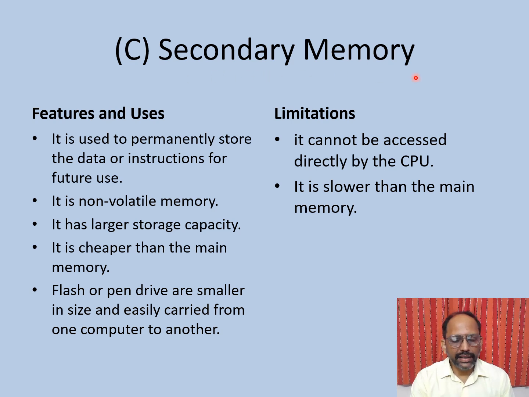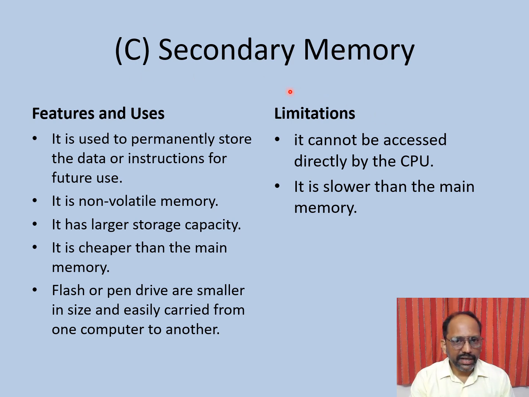The main disadvantage of secondary memory is that any data or instructions stored in it are not directly accessible by the CPU. That means the data stored in the secondary memory must be sent to the primary memory, or the main memory of the computer, and then only can the CPU access it.